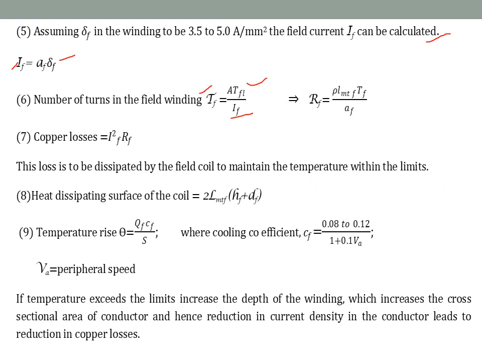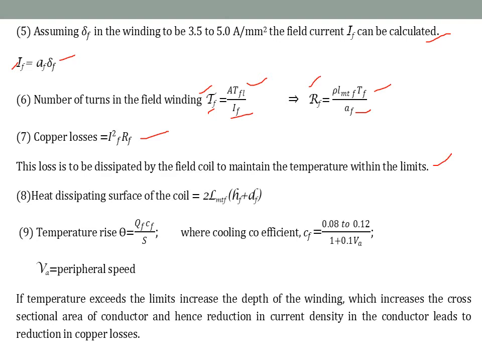Find out the actual value of resistance of the field coil depending upon this TF, that is rho LMTF into TF divided by AF. So copper loss is equal to IF square into RF. This loss is to be dissipated by the field coil to maintain the temperature within the limits.